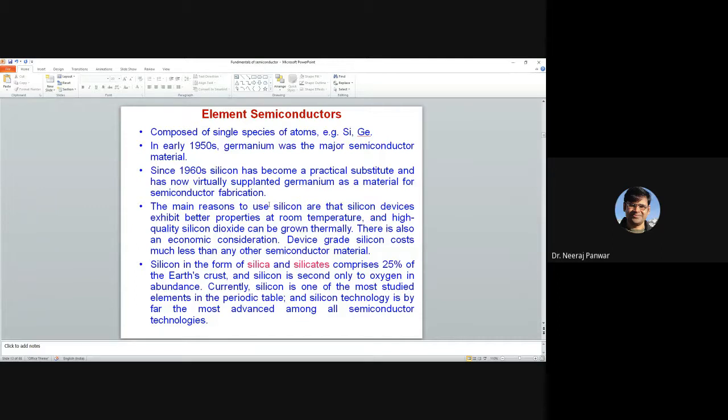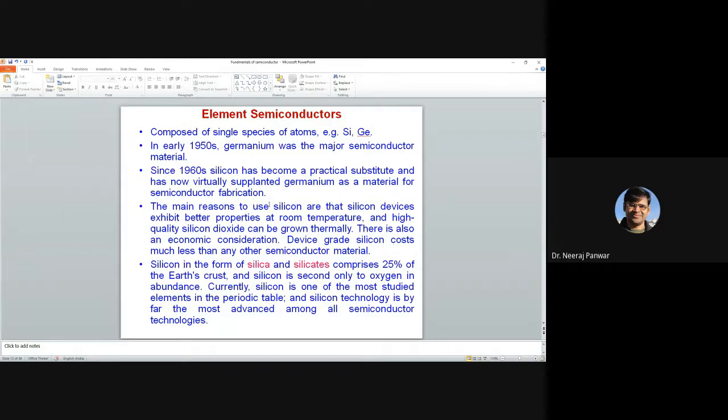Up to the 1950s and 1960s, because the first transistor was made in 1948, germanium was the major semiconducting material used in electronic devices. But later, silicon replaced germanium in all semiconducting devices, and now we don't use germanium.